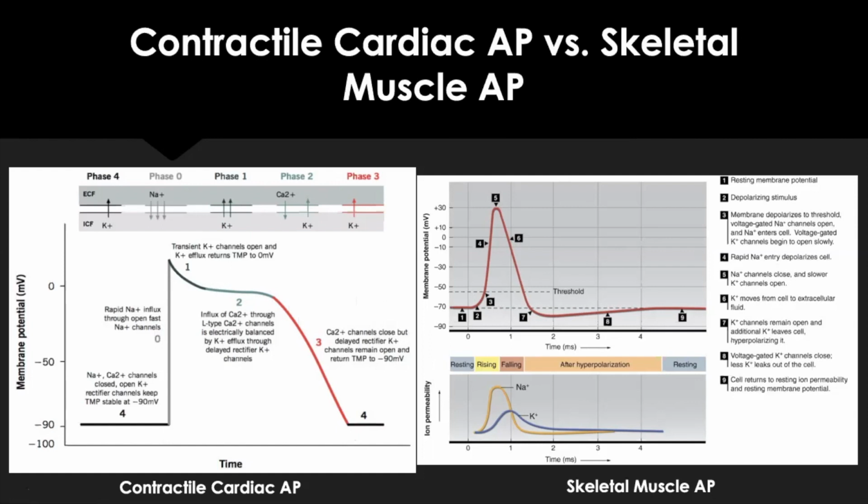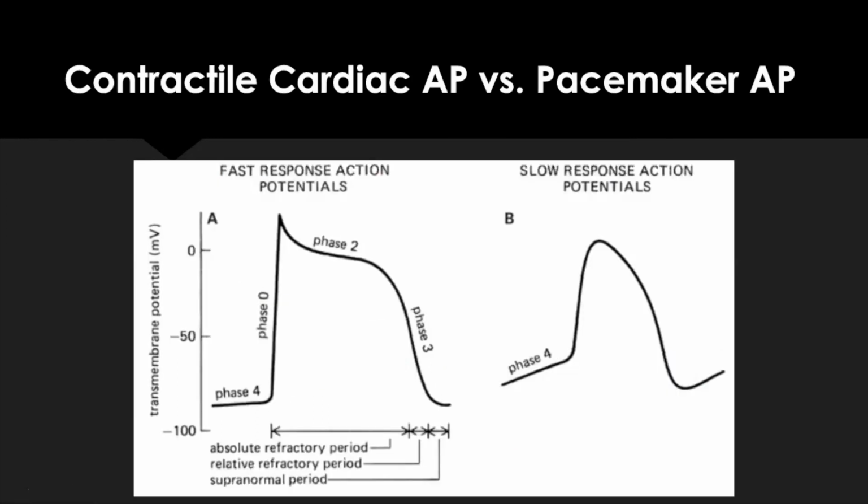And this plateau is basically what prevents the cardiac muscle from contracting immediately after it has contracted before. It prevents it from depolarizing as soon as it has already depolarized, unlike the skeletal muscle, where it can start to depolarize sooner.